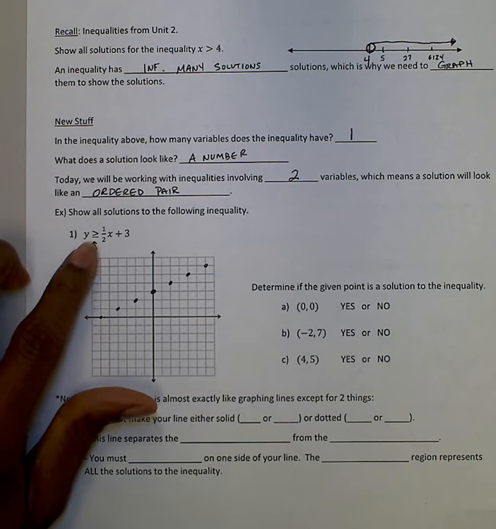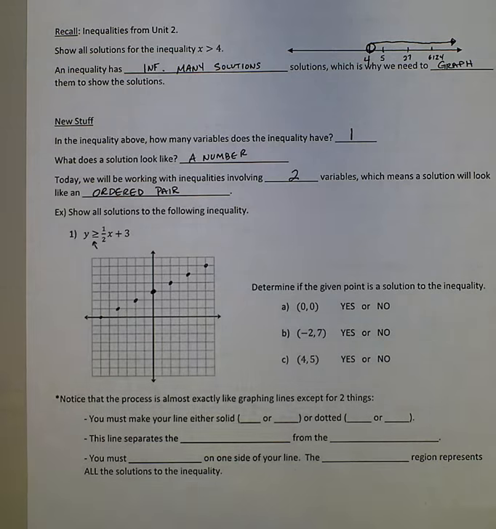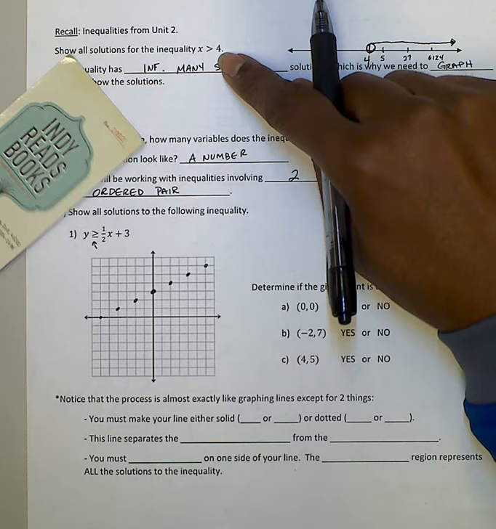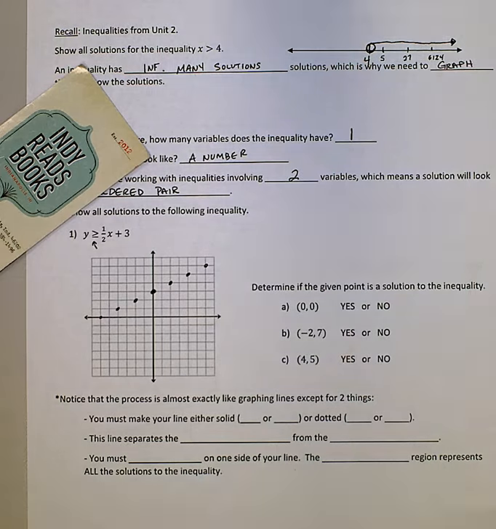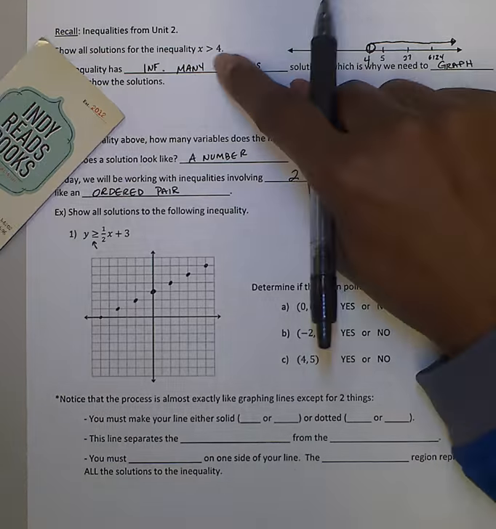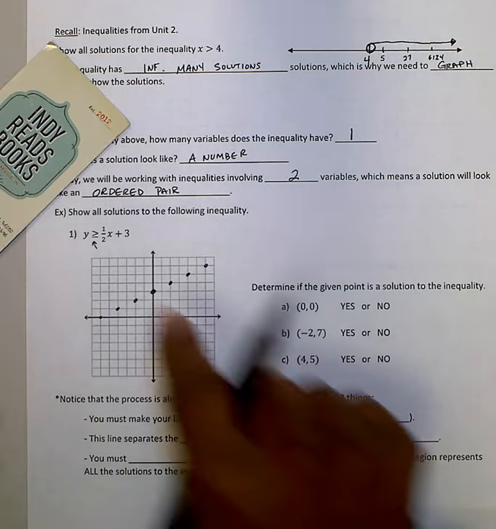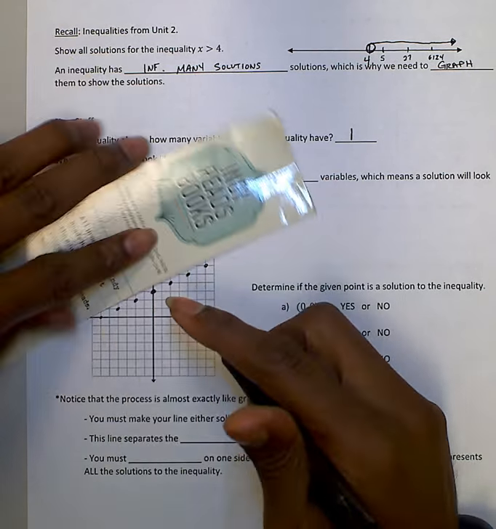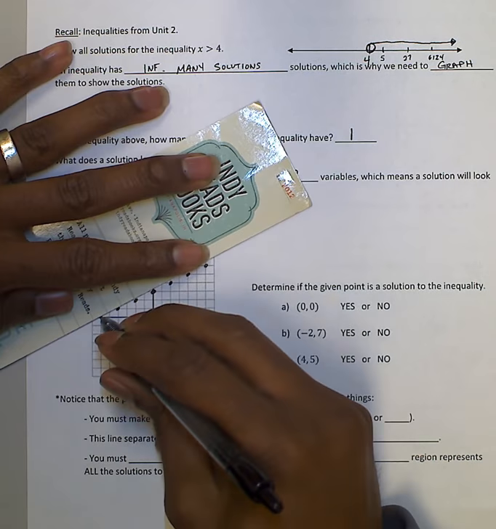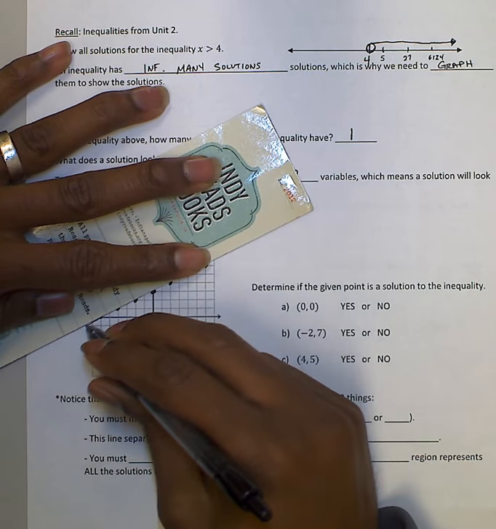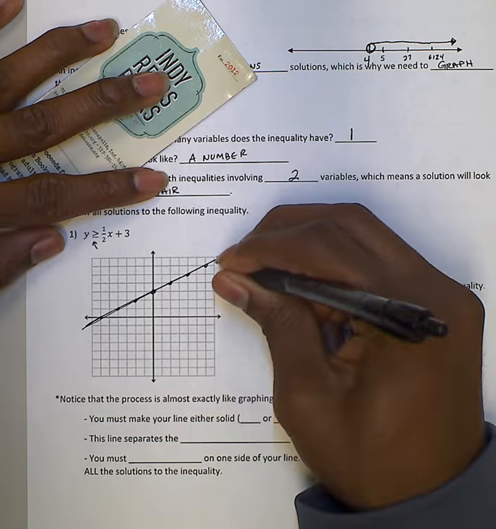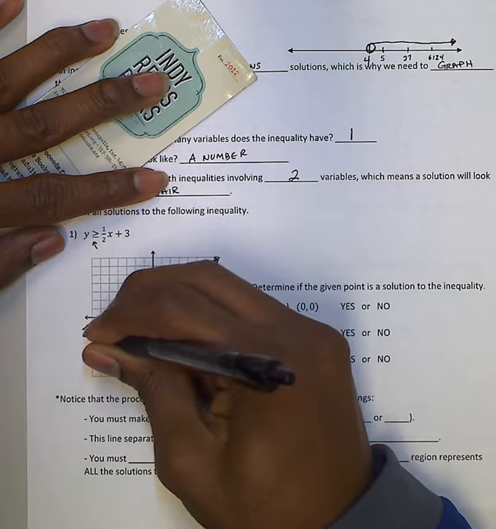Because it's or equal to, it means the border is part of our solution. And so in the inequalities earlier, we would leave the circle open if it was not included and close it if it were. For our graphs, if it's included or equal to, that means it's going to be a solid line. If it were not, we'd use a dotted line. Okay, and we'll see that later.